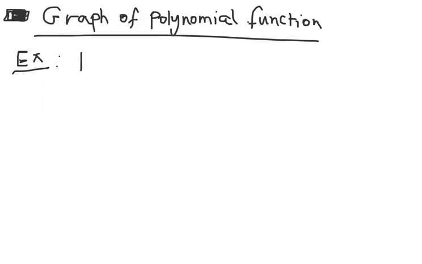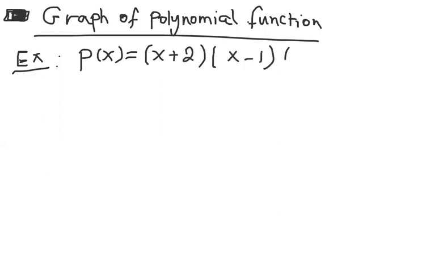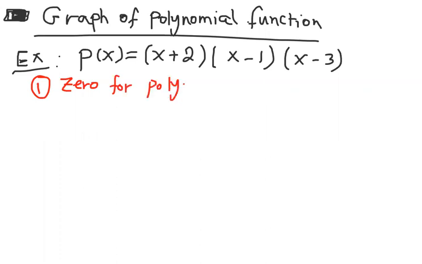Suppose I have P of x, the polynomial, which looks like (x plus 2)(x minus 1)(x minus 3). To graph this polynomial, first, I give you steps again. I know there are a lot of steps in this chapter. First, we have to find the zeros for the polynomial.